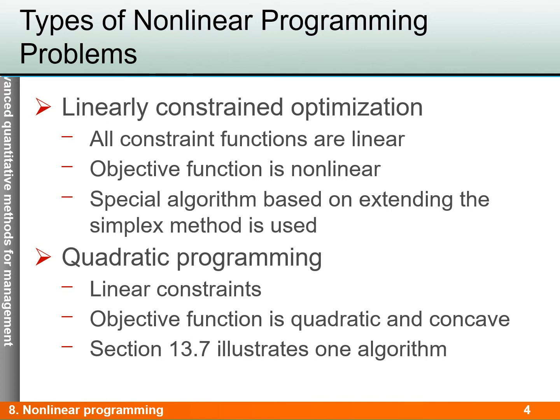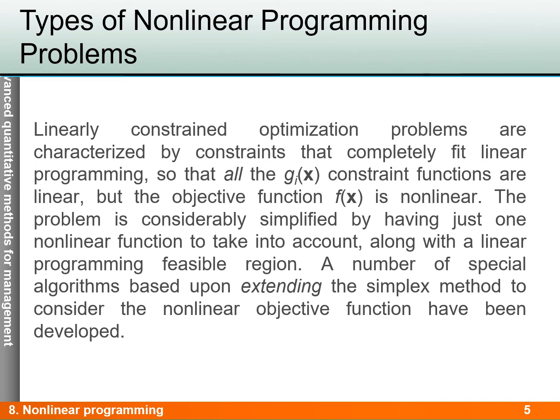Okay, so this square is important. For those who are interested, you can review this part in future in section 13.7, but it's not part of our class. So here is just a written explanation of the previous slide that I gave you about linearly constrained optimization. If you want, you can review those voices with these written parts.